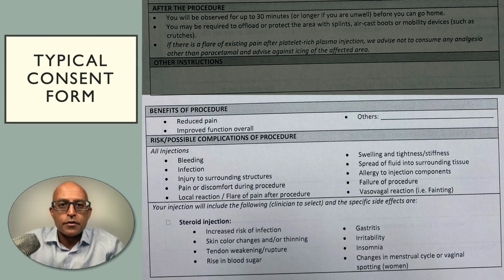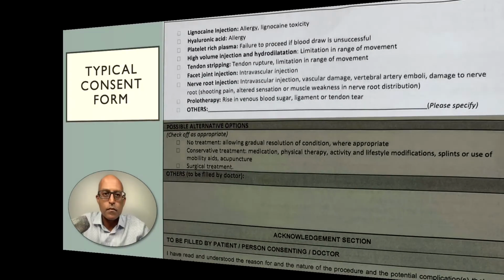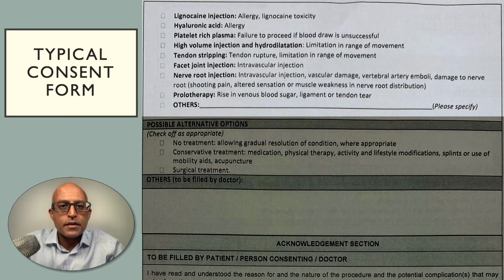After this general information, we can then consider the different treatments that we have available and go into those in a little bit more detail. So for example, next we have the steroid injections. What are the complications that may be associated with a steroid injection? As mentioned in previous videos, there's a number of different ultrasound-guided procedures that can be undertaken for musculoskeletal complaints.